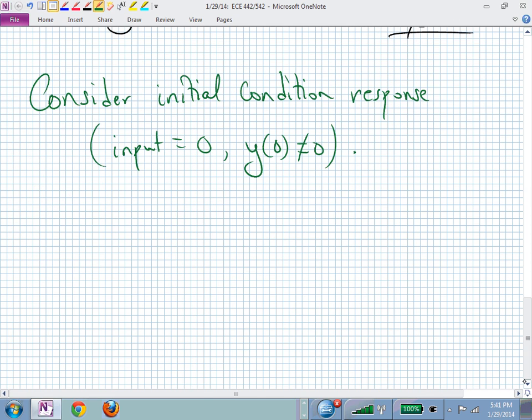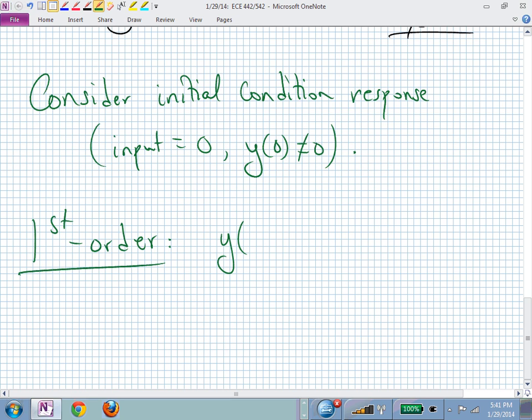For a first order system, what's the difference equation look like? If I ask you that on an exam and I said, give me a first order difference equation without an input, what would you write down? Did everybody hear that?